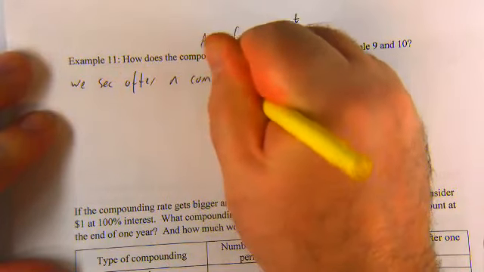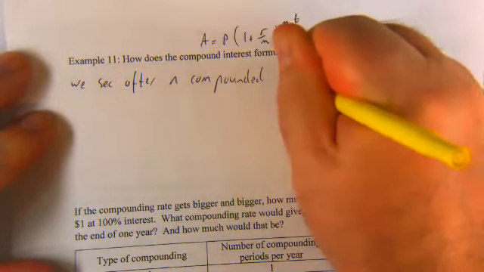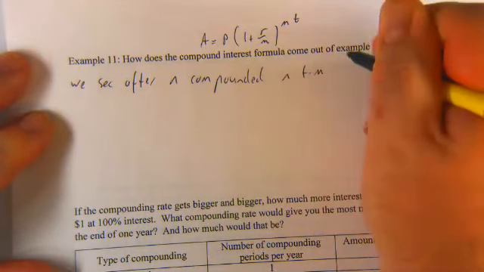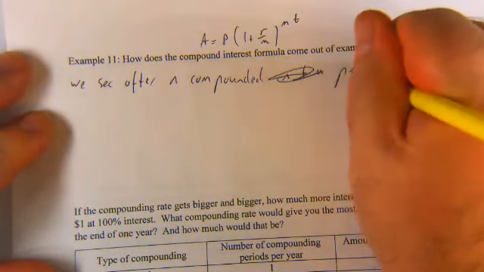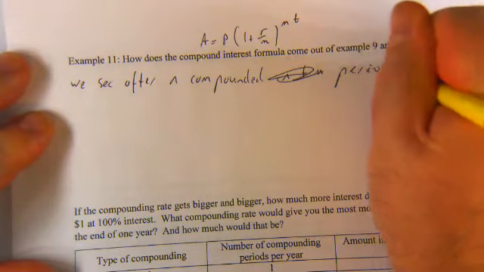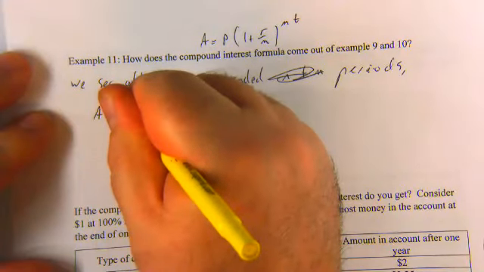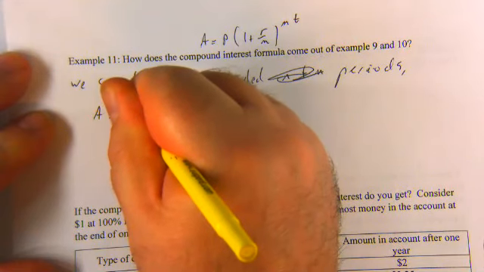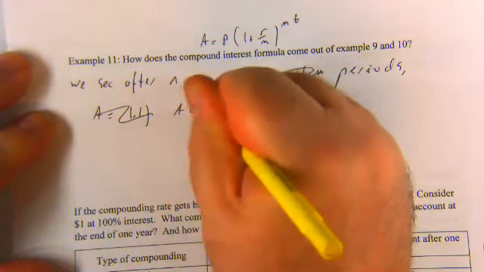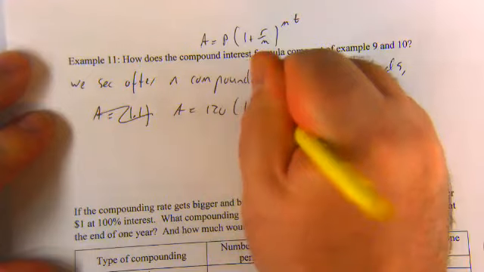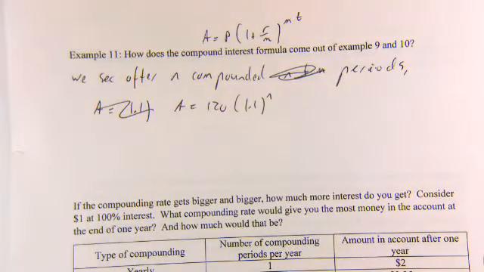If your interest has been compounded n times, after n compounding periods, the amount that you have in the account is A equals 120 times 1.1 to the n. It was 3 times, so 120 times 1.1 cubed.